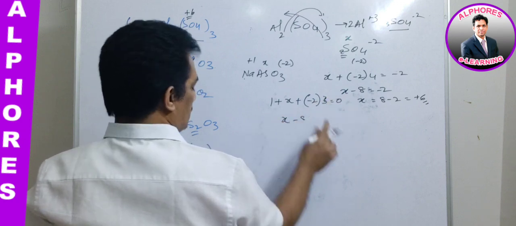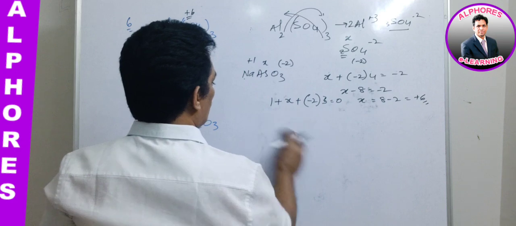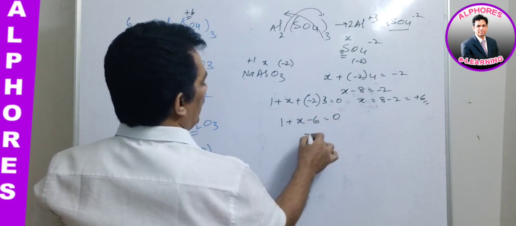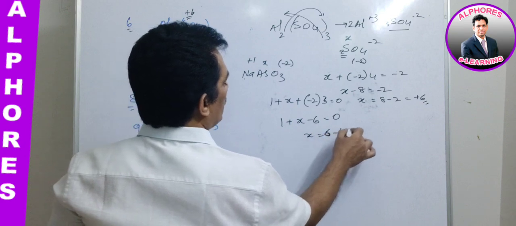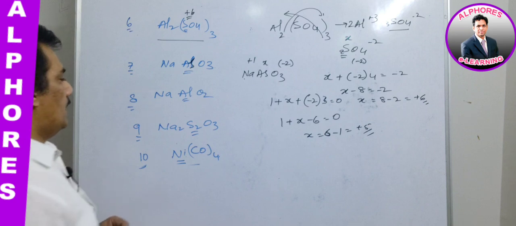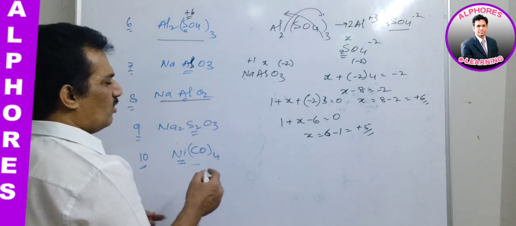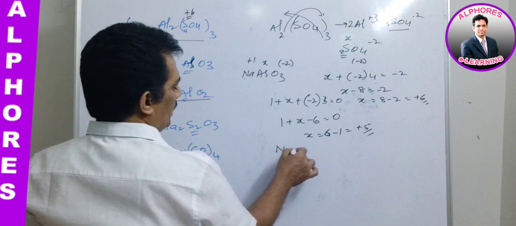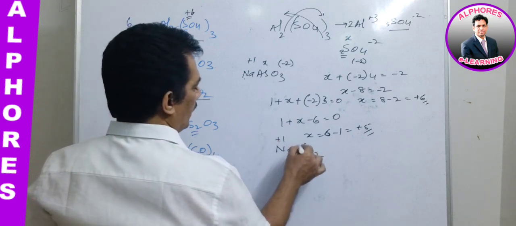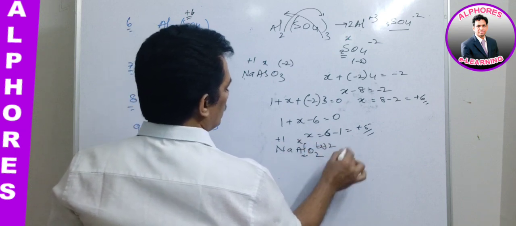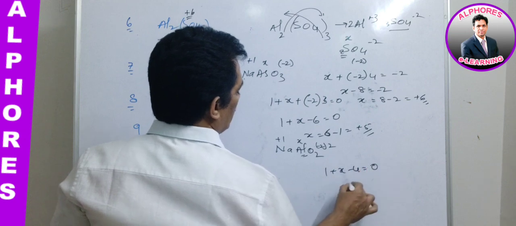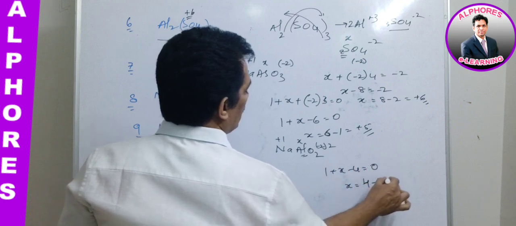That is 1 plus X minus 6 is equal to 0, and X is equal to 6 minus 1, that is +5. This is the oxidation state. And now coming to NaAlO2, I think you now have the idea how to measure. It is +1, X and -2 into 2, that is 1 plus X minus 4 is equal to 0, and X is equal to 4 minus 1, that is +3.